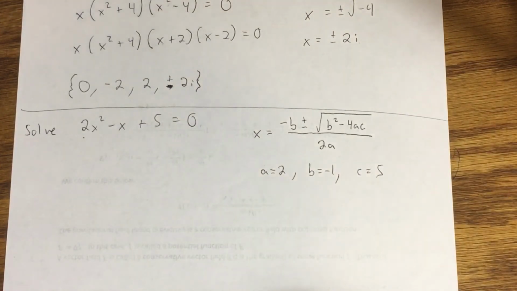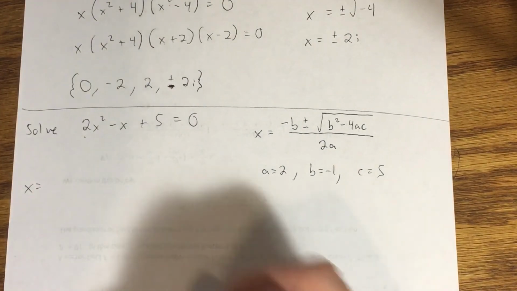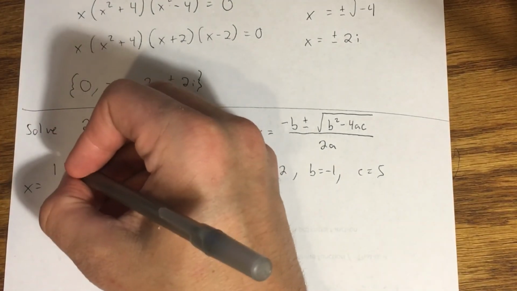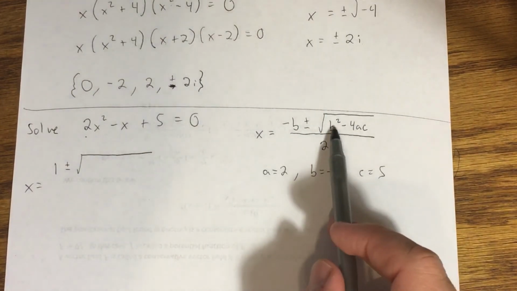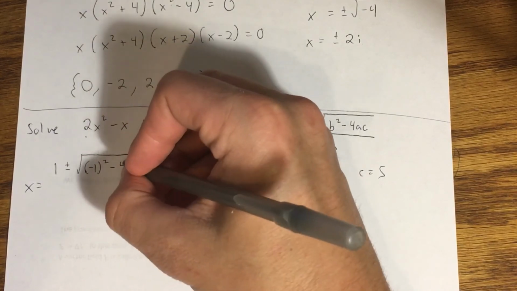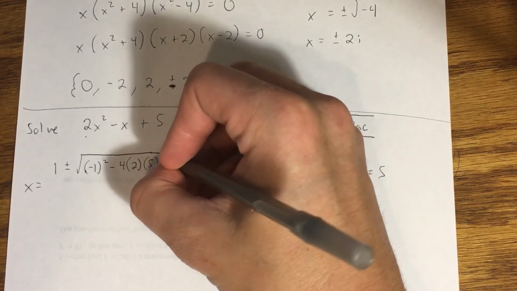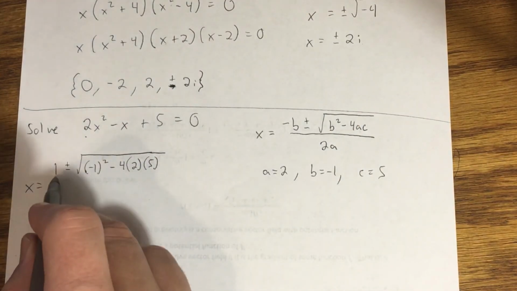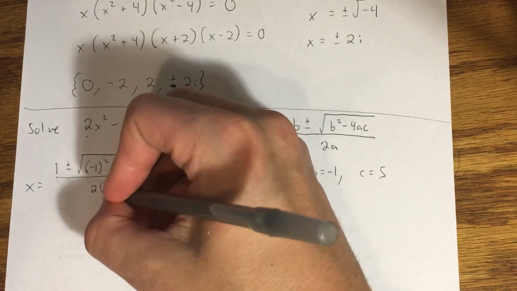So I'm just going to plug all of that into my quadratic formula. x is equal to negative b, which would actually be positive 1 in this case, plus or minus the square root of b squared, negative 1 squared, minus 4ac, 4 times 2 times 5, all over 2a, 2 times 2.